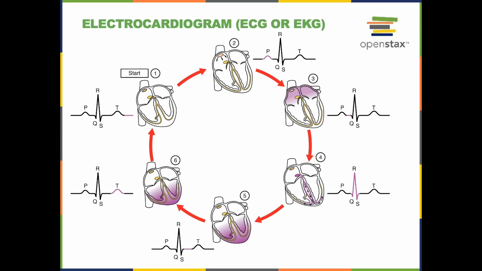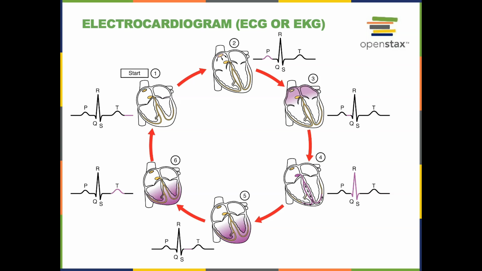The SA node generates an action potential that spreads through the atria, leading to atrial depolarization, which we see as the P wave. Then as atrial systole is occurring, we are in the P to R segment until the QRS complex results from atrial repolarization and ventricular depolarization.